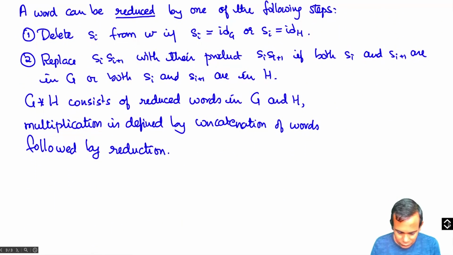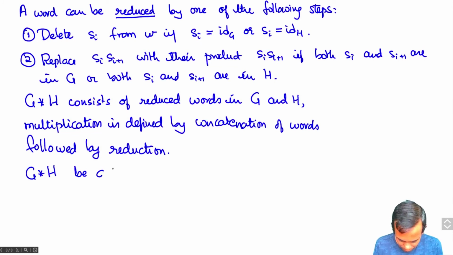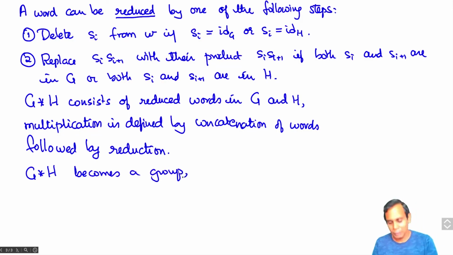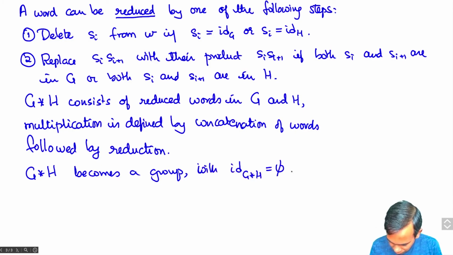Then G star H becomes a group. The identity element of this group is the empty word.